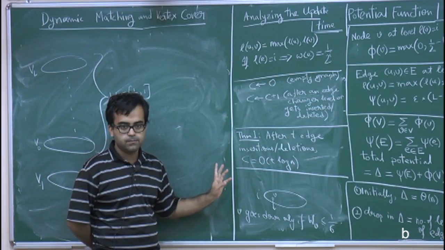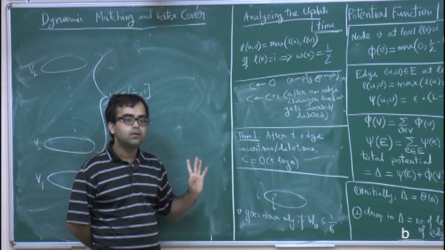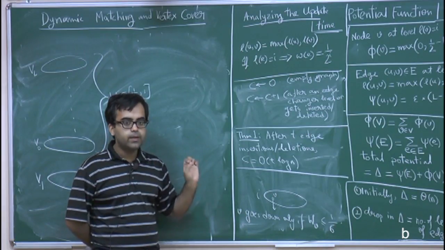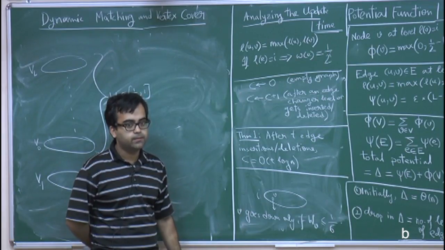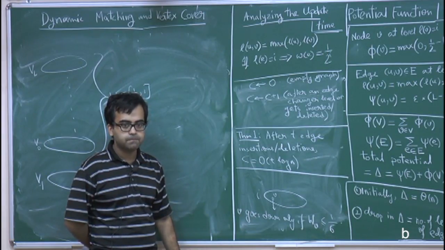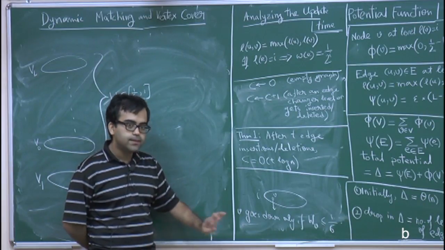Is that correct? Yes, that's what I mean. Okay. Now, if what you claim is true, this will imply a worst case update time of log n. Do you agree with that? Per edge insertion. Yes. Okay, but that is clearly not true.